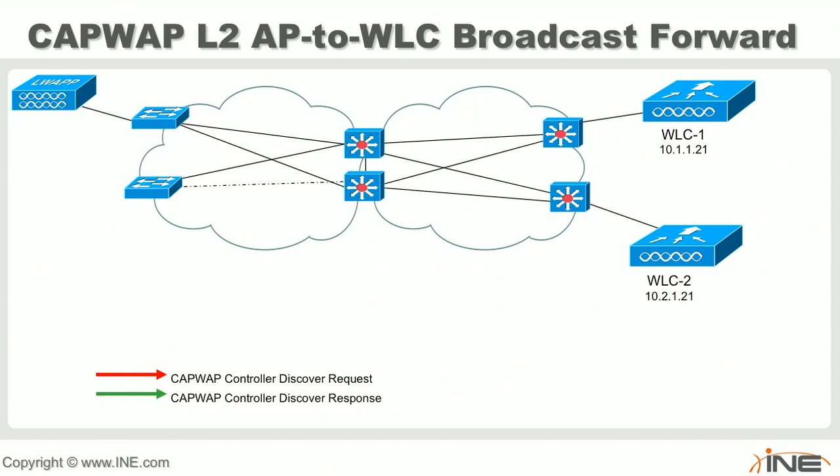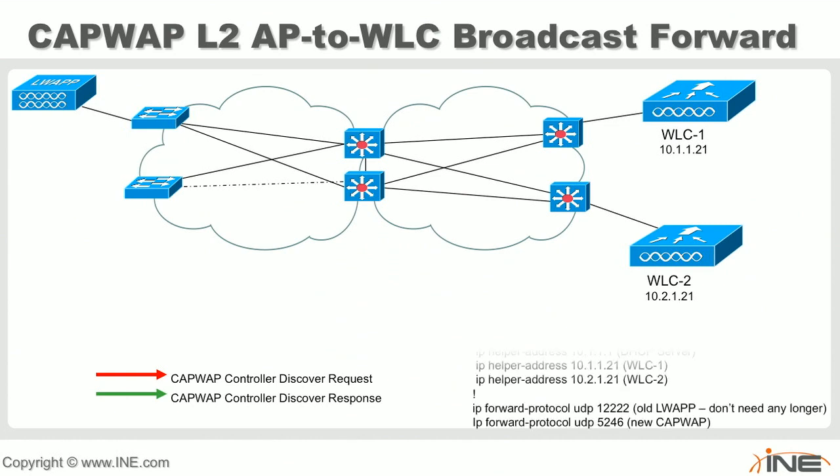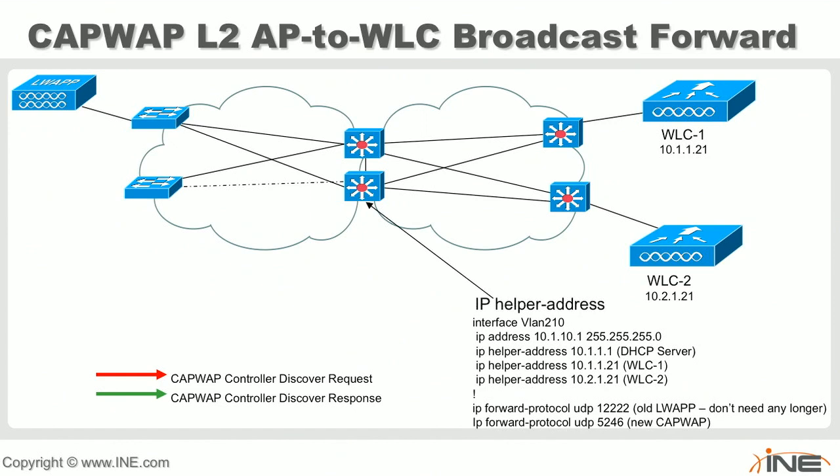What's going to happen? Well, we can't necessarily just send a broadcast through a layer 3 subnet, right? That's the whole idea of subnets and VLANs, that they define broadcast boundaries. So the broadcast is going to go out, but what we can do is issue an IP helper address.